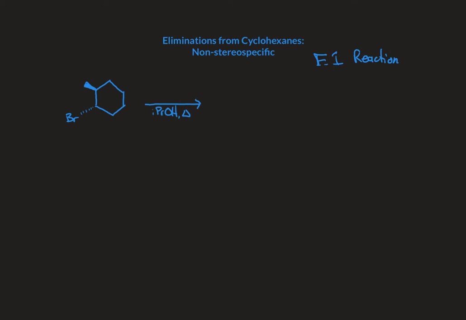And in the first step of an E1 reaction, the bromine just leaves, and we form a carbocation. That carbocation can relatively quickly rearrange from a secondary carbocation into a tertiary carbocation.